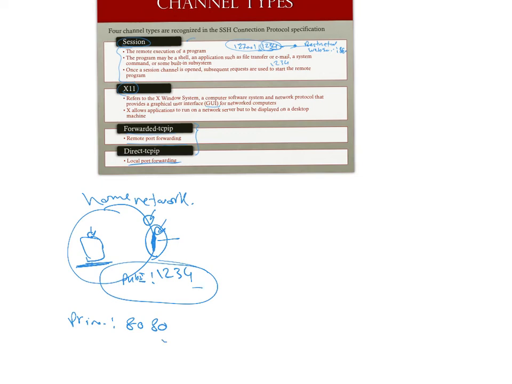So here the key is whether I map the local port to something which I want to connect to, a remote restricted website, or I want to map the remote port to expose a local host which is otherwise hidden from the outside because it has a private IP address or it's blocked by the firewall.